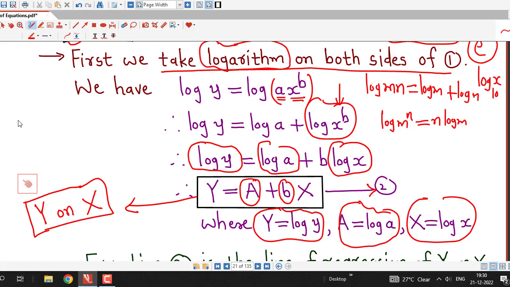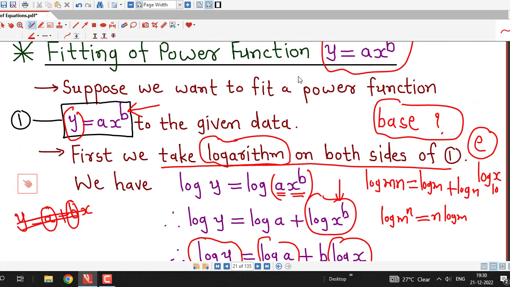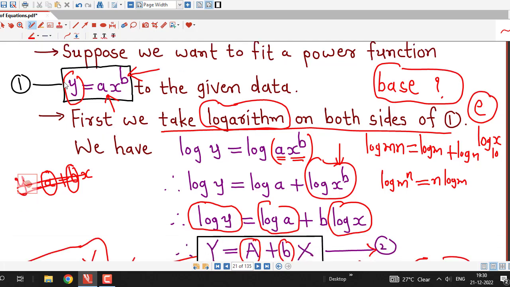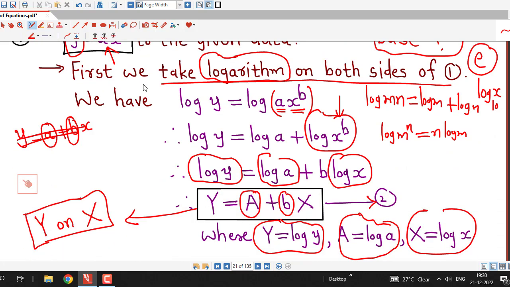and then solving those normal equations we decide the values of these constants capital A and b. We have seen that if we want to fit a straight line y equal to a plus bx, then we can find these constants a and b using the normal equations. So what we have done here: we want to fit the power function y equal to a times x raised to b to the given data, and applying logarithm of any base to the given equation of the power function, we are converting our curve from a power function to a straight line.